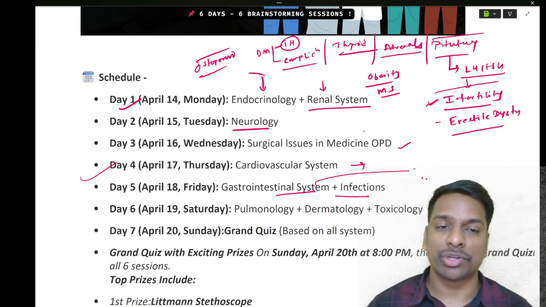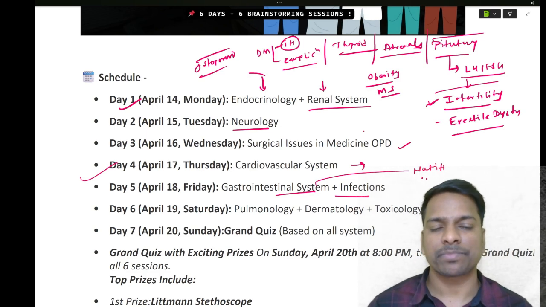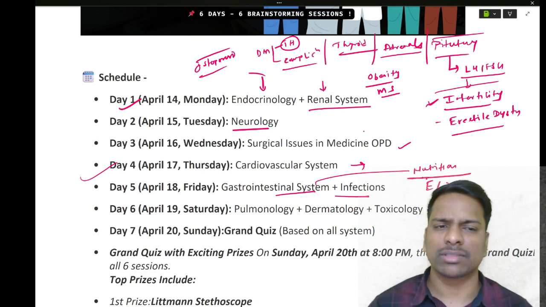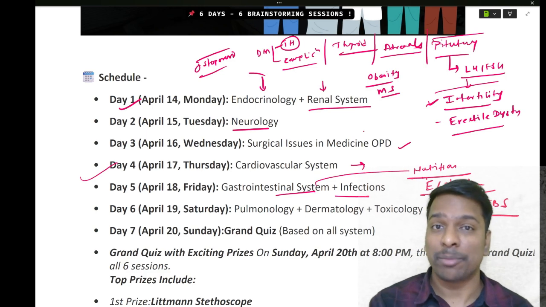Plus inflammatory bowel disease and, most importantly, irritable bowel syndrome, IBS. It's very common nowadays, and we should definitely know it.